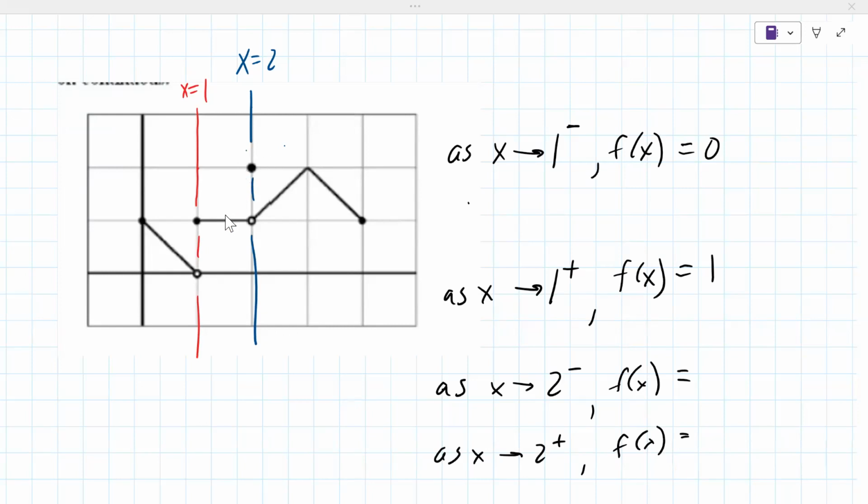This dot is irrelevant. What is it approaching from the left, from the right? 1 for both then. Yeah, very good. Okay, thoughts on that? That doesn't seem too hard. Let me give you another one here, a little more complicated.